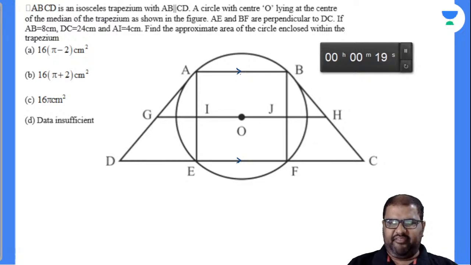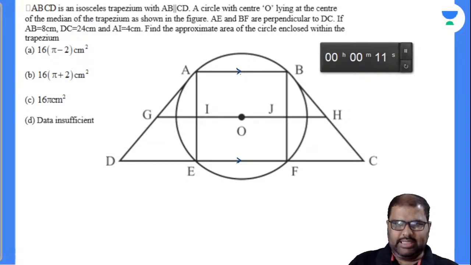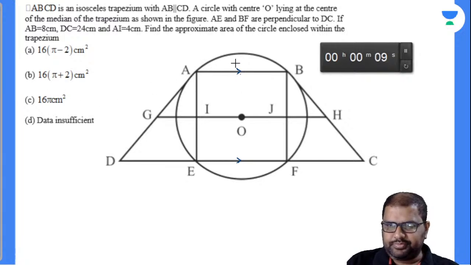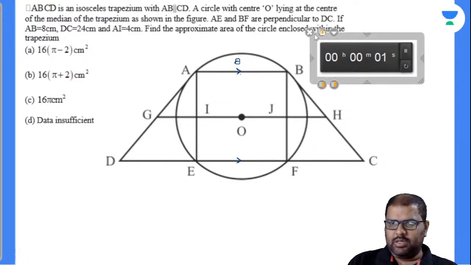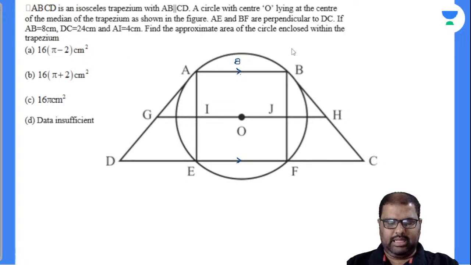AE and BF are perpendicular to DC. If AB is equal to 8 centimeters, so what will be the answer there?